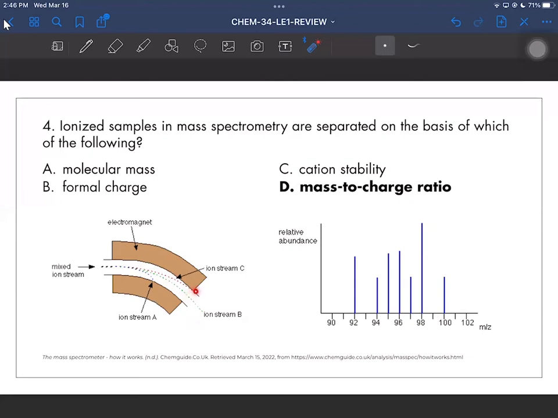And therefore, magkaiba sila. They will be detected as different signals, and therefore makita natin yan sa mass spectrum natin that they are different signals. So in mass spec, it measures the mass to charge ratios of fragments. So the answer is letter D.